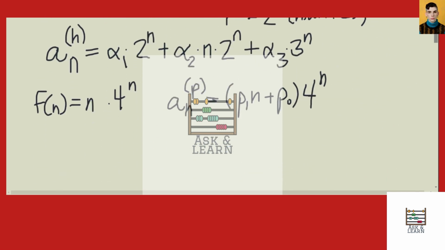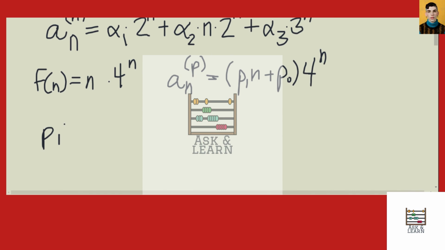So on the left-hand side, we have p_1 n plus p_0 times 4 to the n.